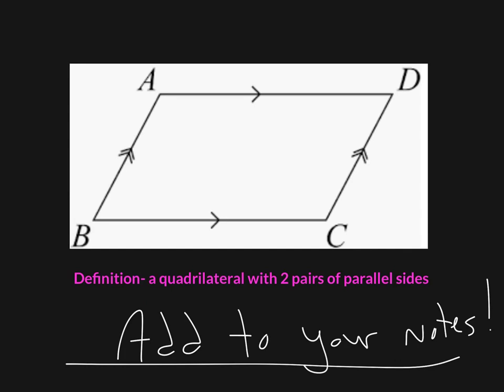A parallelogram is a quadrilateral that has two pairs of parallel sides. Pair A and pair B, right here. So two pairs of parallel sides. Opposite sides are parallel. Now because we have parallel lines, remember that we're going to have this opportunity to have alternate interior angles this way.